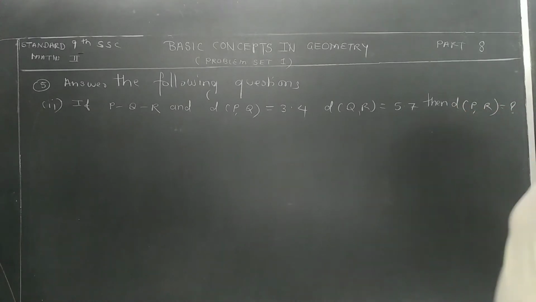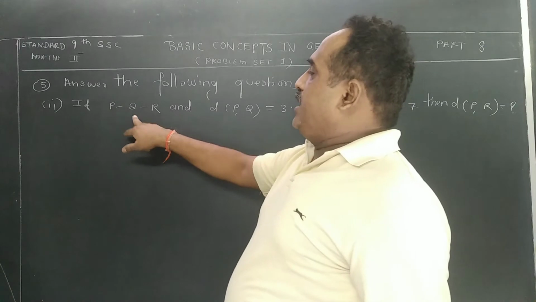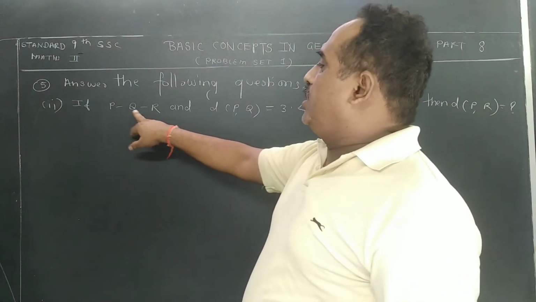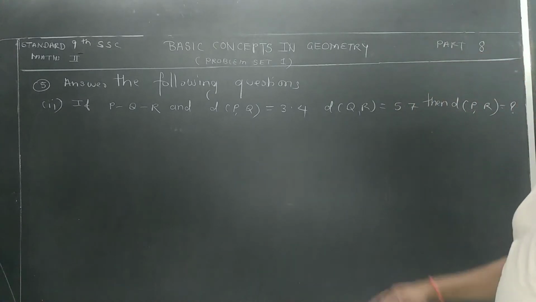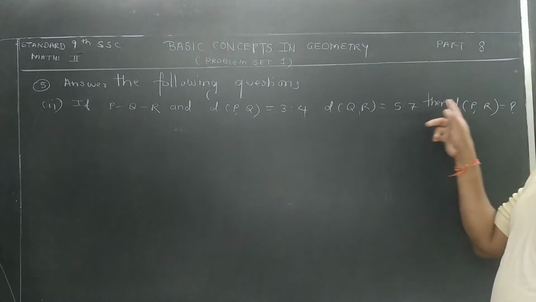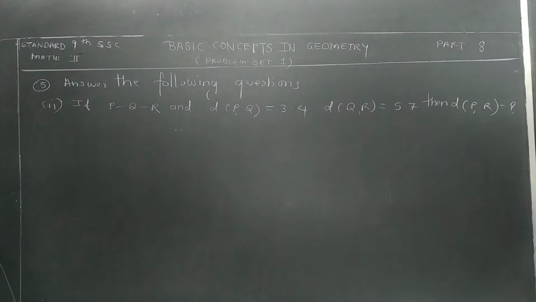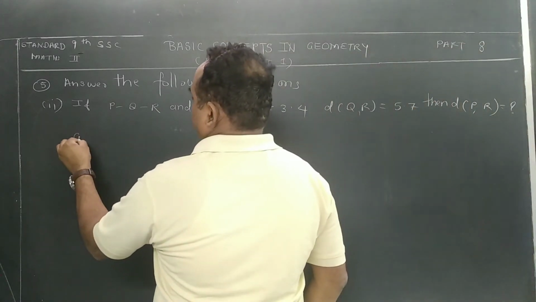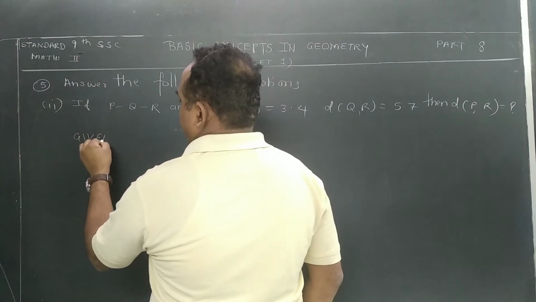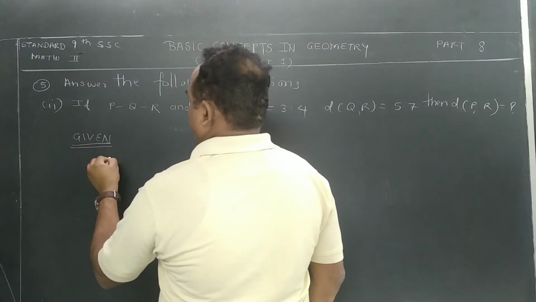Now the second question is: P, Q, R are collinear, and Q lies between P and R. Distance PQ is equal to 3.4 units. Distance QR is equal to 5.7 units, and they have asked for distance PR. So again, we are going to write "given". What is given to you?